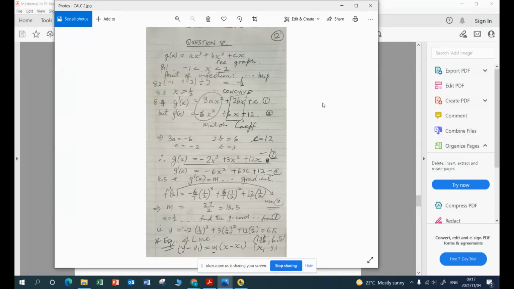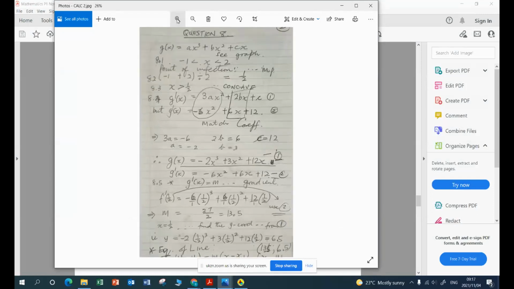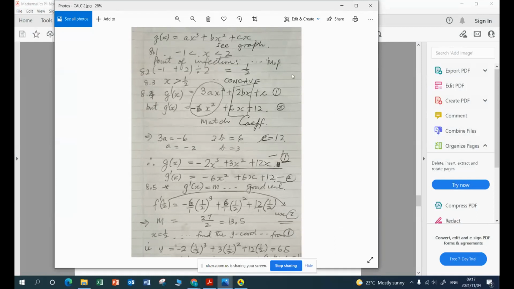Now, the general form of the cubic equation is ax cubed plus bx squared plus cx plus d. Well, obviously d is 0. Agree? Because it passes through the origin. Now, that is the equation of the cubic function. If I have time, I'll do another example with you. That's important.